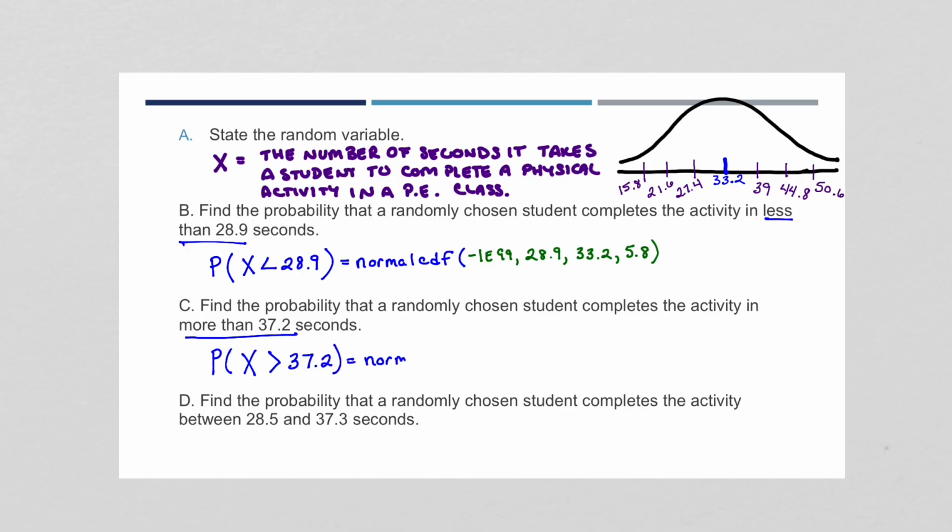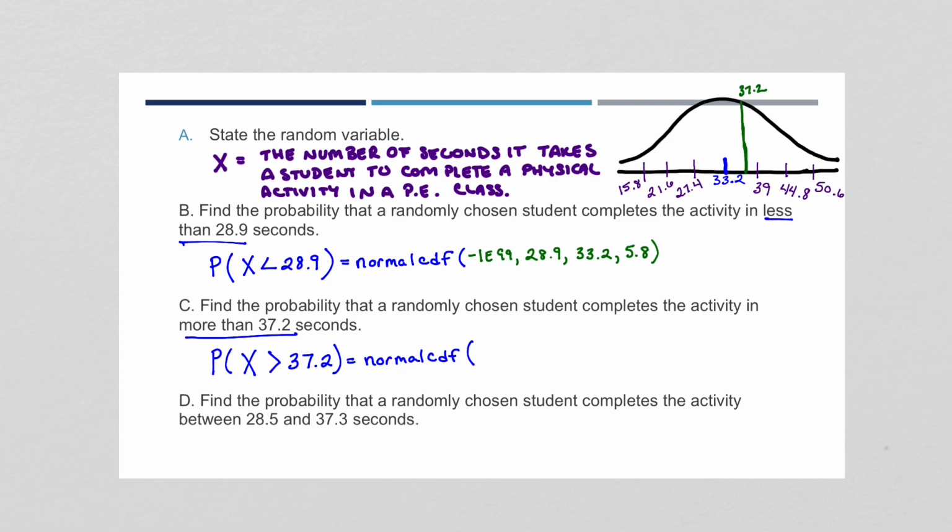Again, our calculator entry, and what I would expect you to write down on your paper to indicate that this represents your work that you're about to do, we would now locate where 37.2 is, so it's probably somewhere around here. Again, it doesn't have to be exact, it just has to be ballpark.